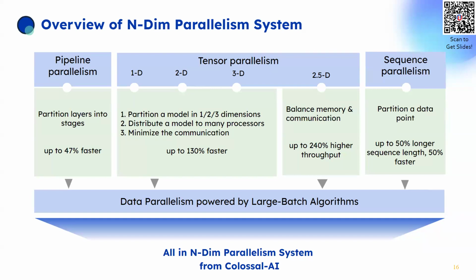So how can we make sure it's not out of memory? We need to partition the sequence to make sure it can work very well for training. So at least we need these different parallelisms to make sure each GPU is fully utilized.